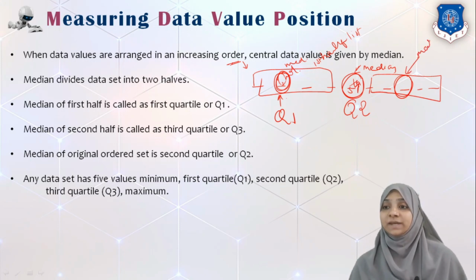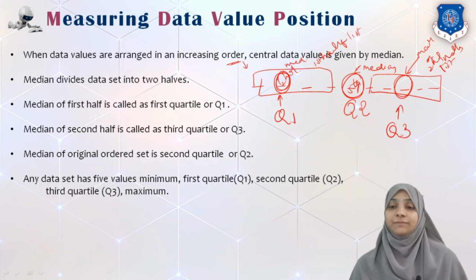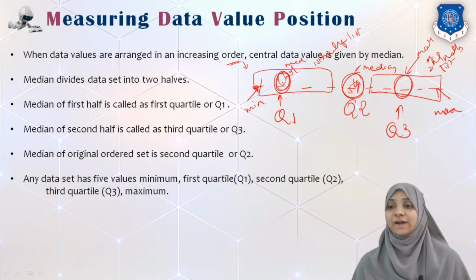So this is the median of the second half list and I will call it quartile 3. Since this is an ordered list, obviously the first value in the list is the minimum value and the last value is the maximum value. So for the box plot we would require 5 elements: minimum element, quartile 1, quartile 2, quartile 3 and maximum element.